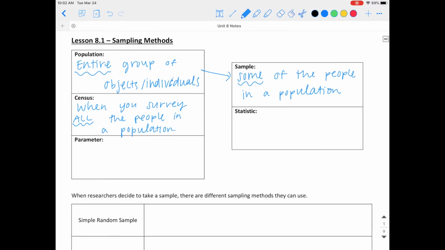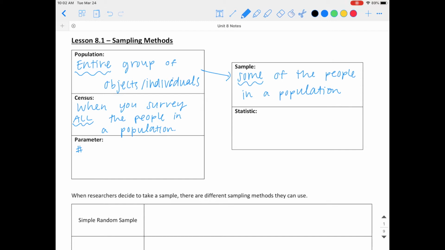Okay, and when we figure out information, either asking the whole population or just asking a sample, then we could take that data and start figuring out numbers from it. So that's where these other two vocab words come in. A parameter is a number, and it's going to summarize something about our population. So we have to ask every single person in order to get a parameter.